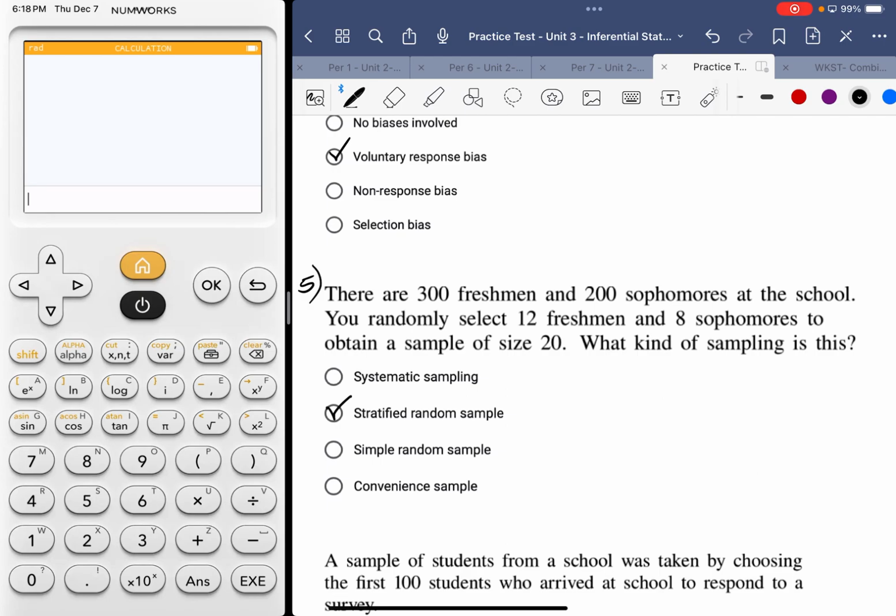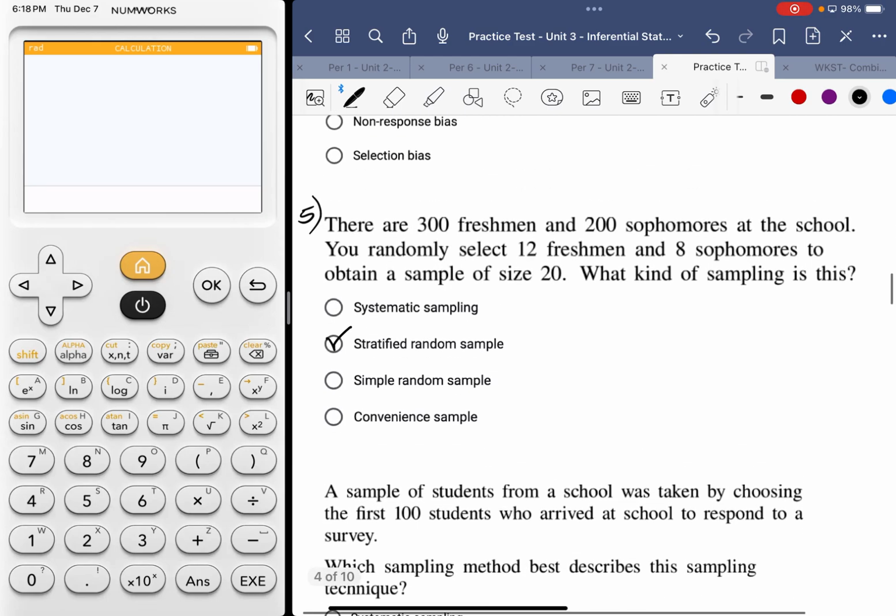That's going to be a stratified random sample. As opposed to a cluster sample, which really kind of starts off the same way as a stratified sample. You break your population up into different groups, and then you randomly select an entire group. You don't pull from each one individually, you just pull an entire group. Right? So it starts off the same way, but it kind of ends differently.